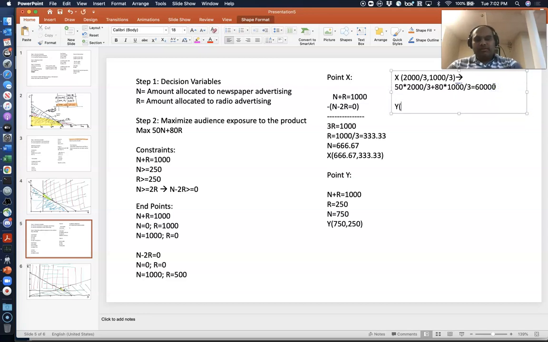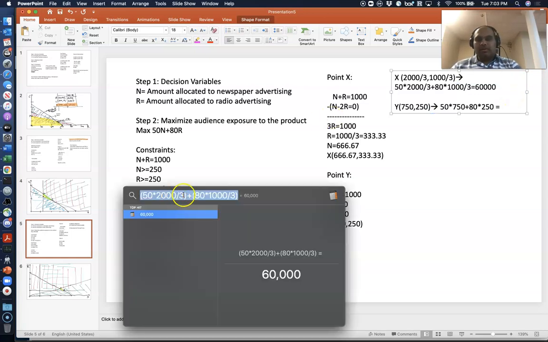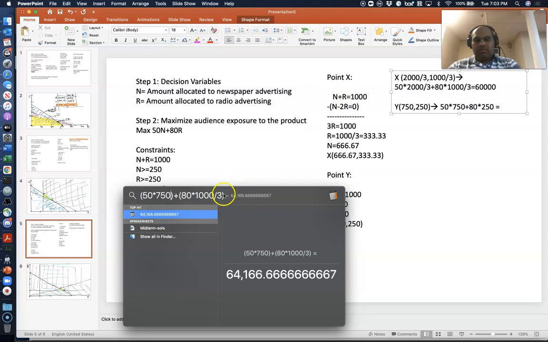For point y, which is 750 comma 250, it'll be 50 times 750 plus 80 times 250, which is $57,500.